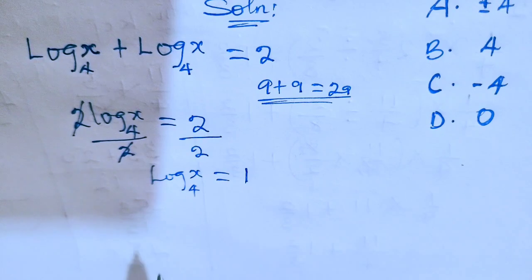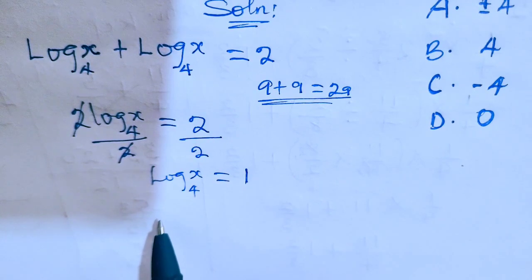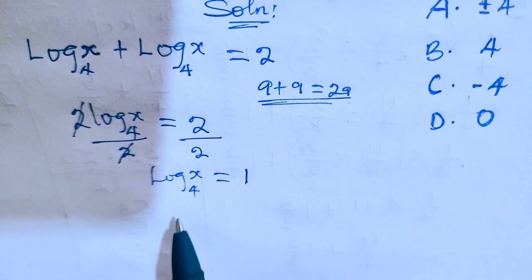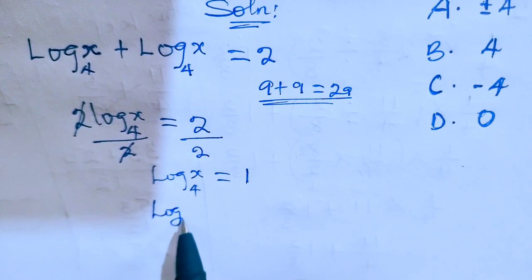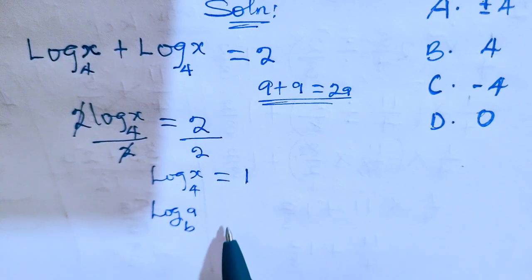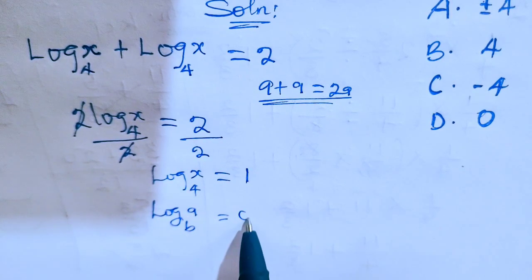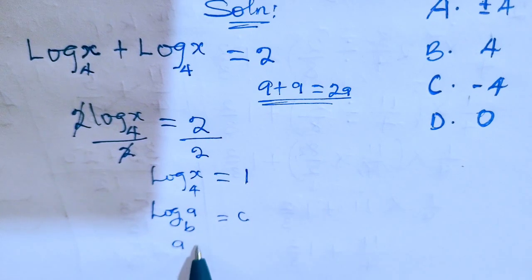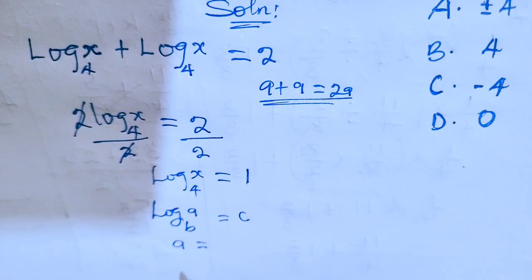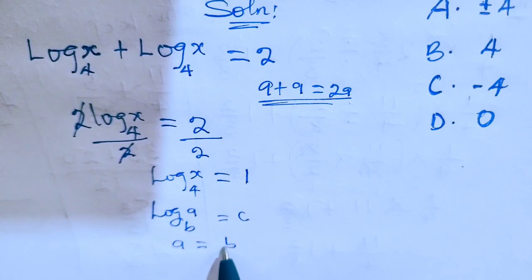And at this point, we are going to apply this logarithmic property. Note that if you have log a base b equals c, that a equals b to the power of c.